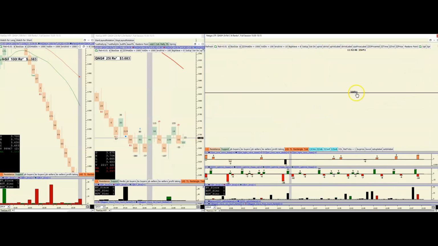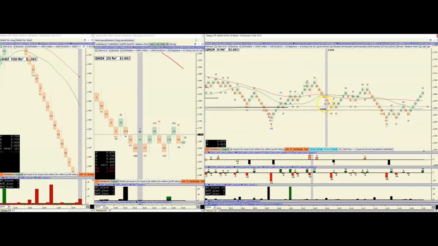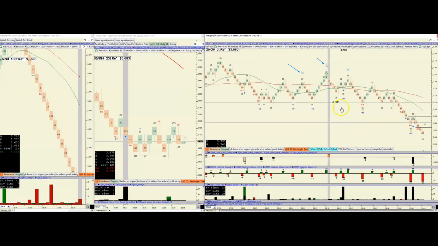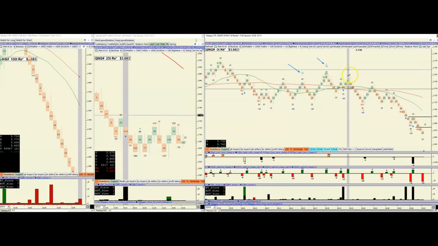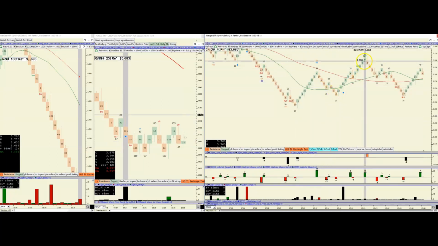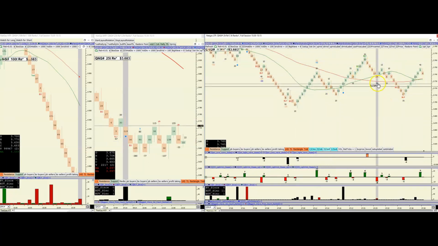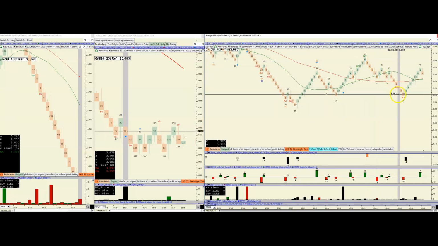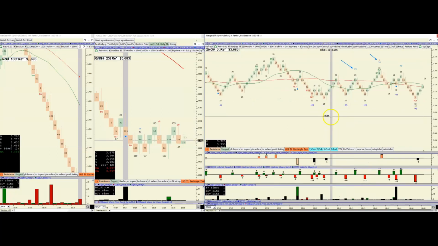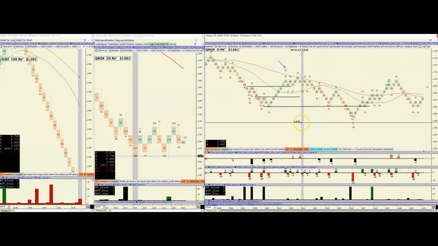This one worked, but predominantly this one comes back down, gets screwed. This one fails. This one, this one, this one. This one had a test, went up, and then right after that, it would be a break even.